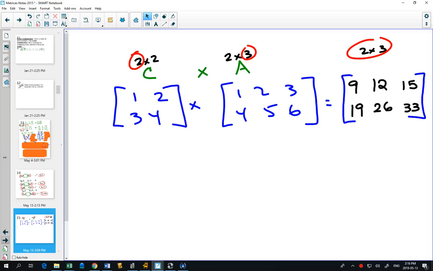I had to do some thinking, though. You notice that I didn't just go super fast. Where did those numbers come from? How do we get them? That's our next job.